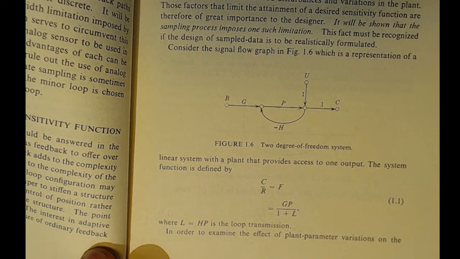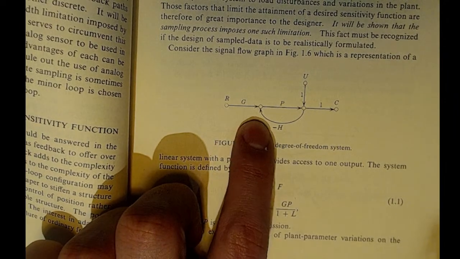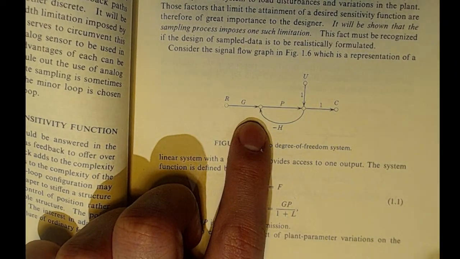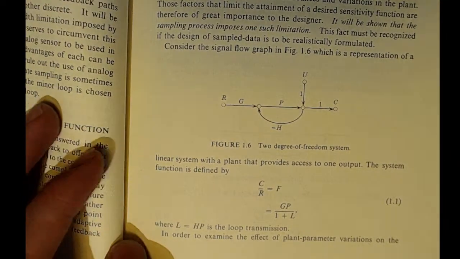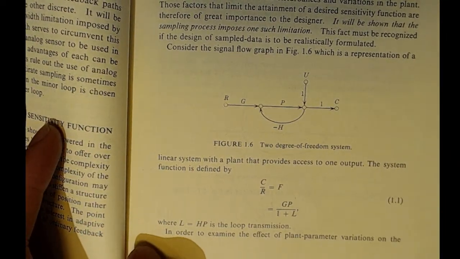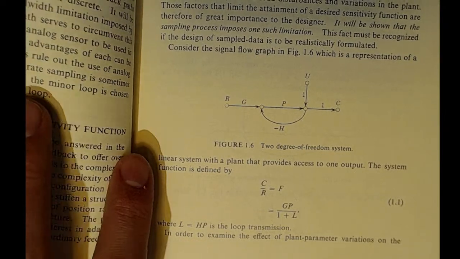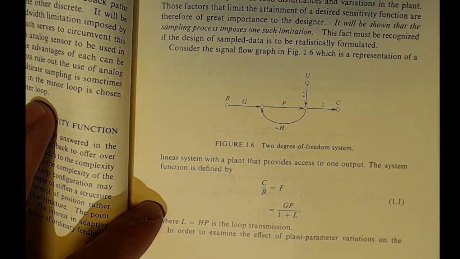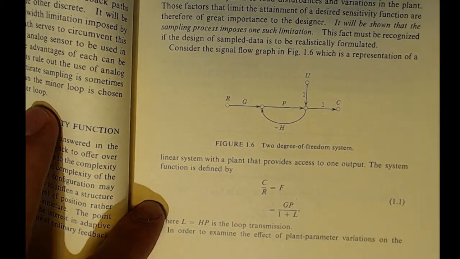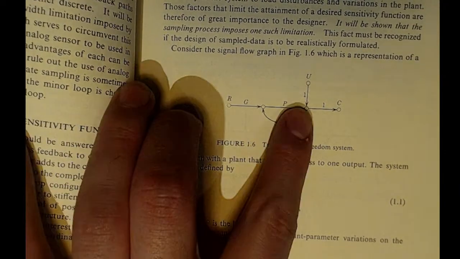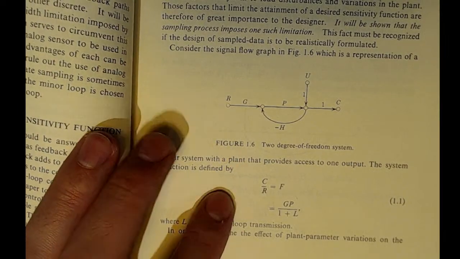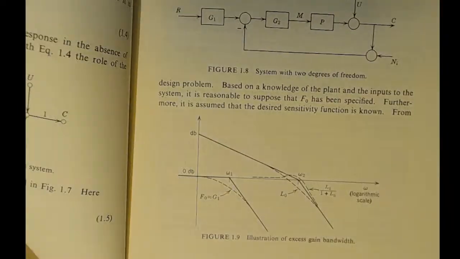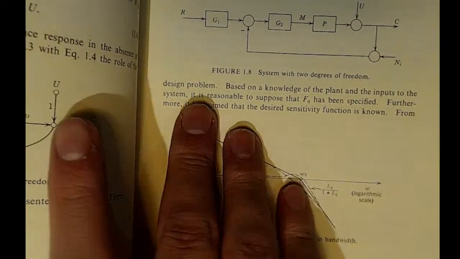But they have a G on this arrow from R before the subtractor. So for me, that's just 1. Okay. I think I'm on board here. You just do the algebra. Okay, so you have 2 equations, 2 unknowns. I still don't know what U is doing, but we have 2 equations, 2 unknowns, and you can solve for C over R. Great. Finally, I can move on.